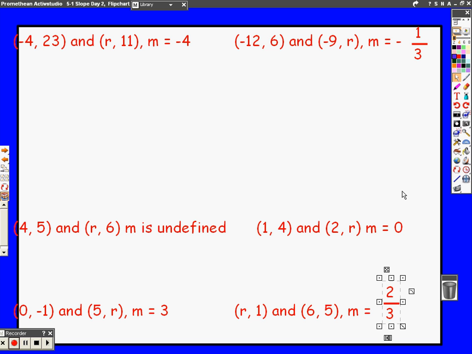All right, and let's go ahead and do this second example on the top. You can do the first one on your own. So I substitute this into my slope formula, and m equals -1/3. Okay, and y2 is r minus y1 over x2 minus x1.